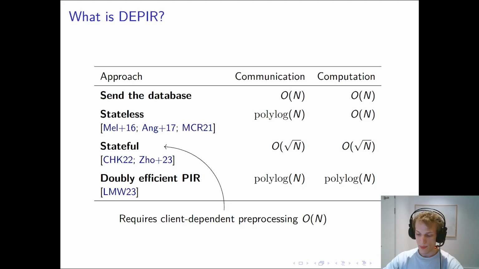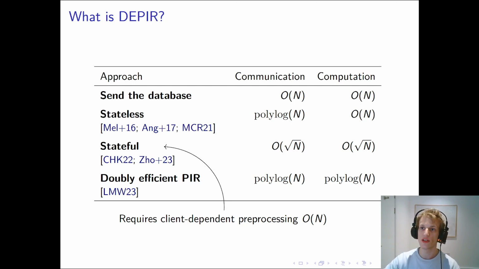Anyway, their paper, while really impressive, only considers it from a theoretical perspective, only considers asymptotic running times. And so many people, among them us, have asked the question, can we do it in practice? Is doubly efficient PIR also more efficient than other PIRs in practical applications, and not just asymptotically? This is the main question that we want to answer in this work.